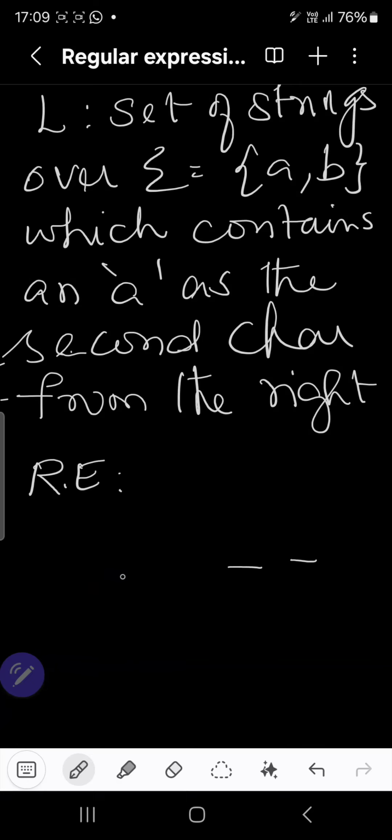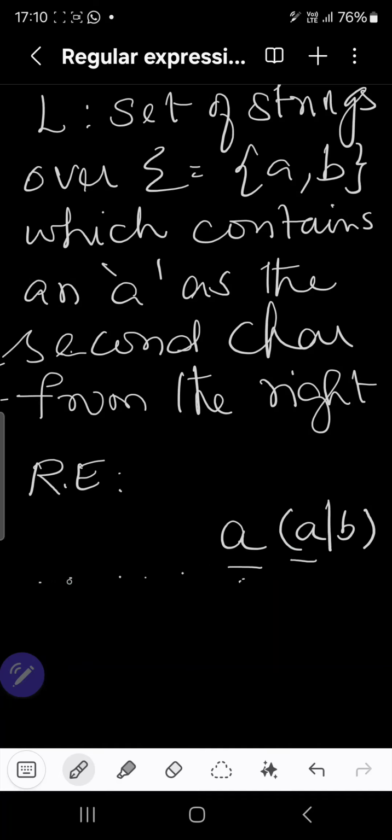And these are all the preceding characters. It is not said anything about the last character. The last character can be any symbol from the alphabet. The alphabet contains A and B. So the last character can be either A or B. So we can write A or B.